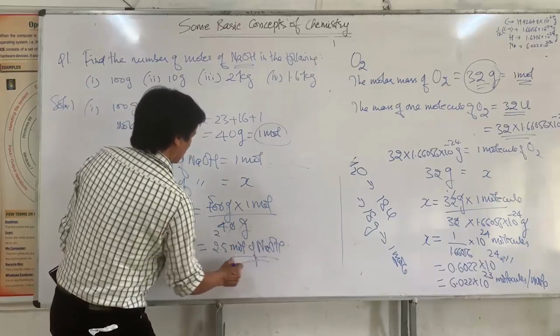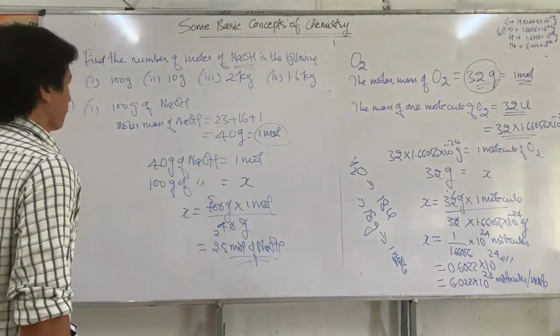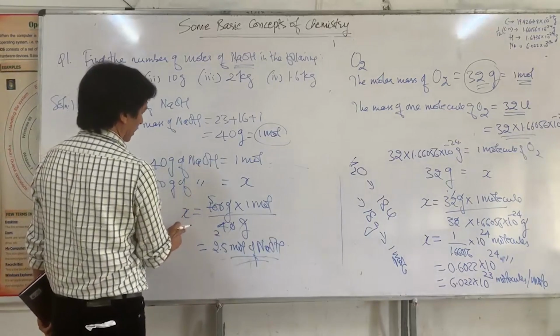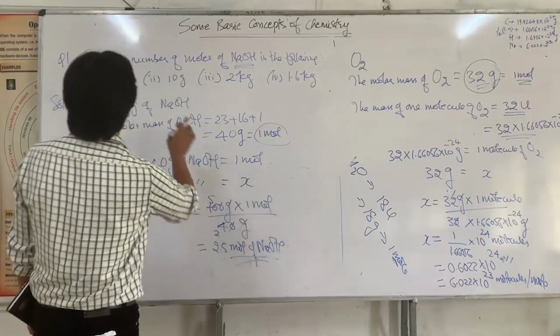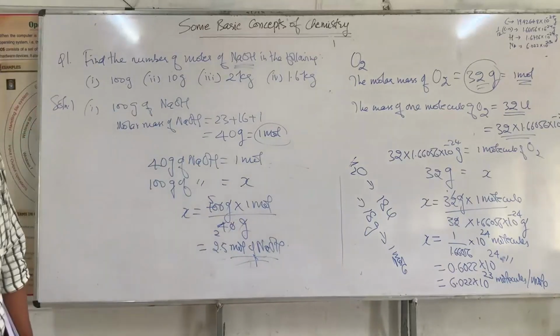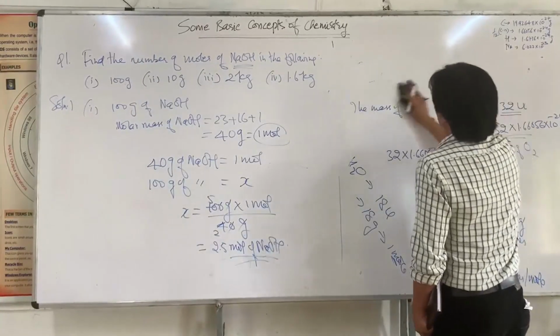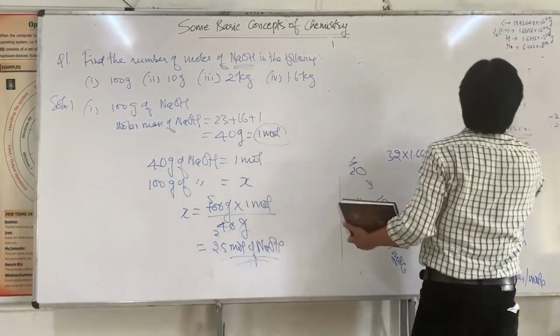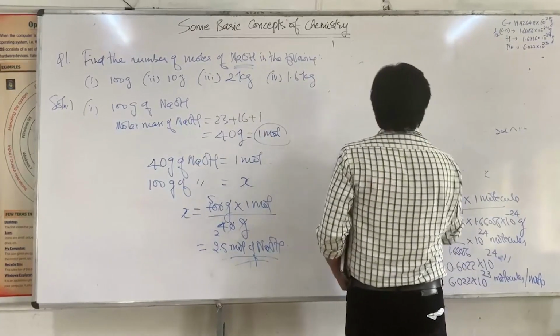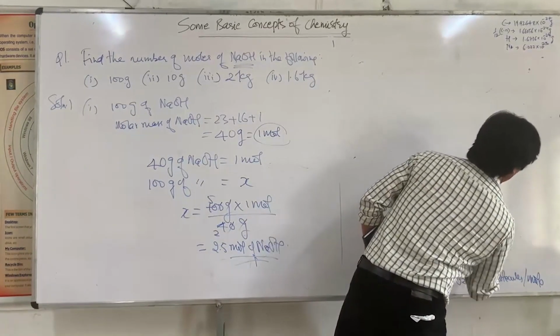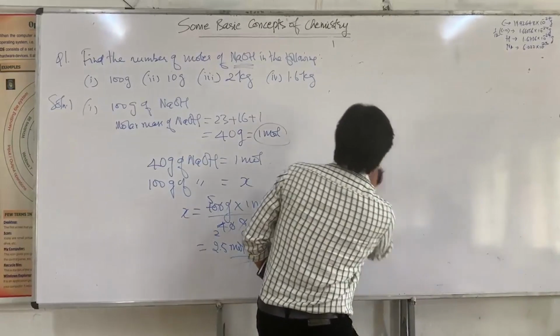Very simple. So in 100 grams of sodium hydroxide, you will have 2.5 moles of sodium hydroxide. The next one, 10 grams, you can try out yourself. I'll just move to the fourth one. The other two you can try out yourselves.